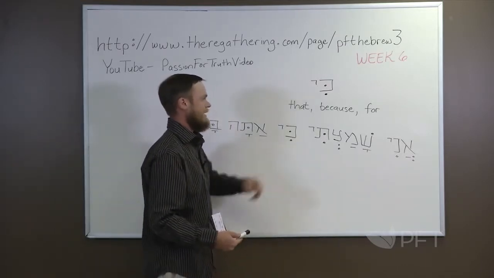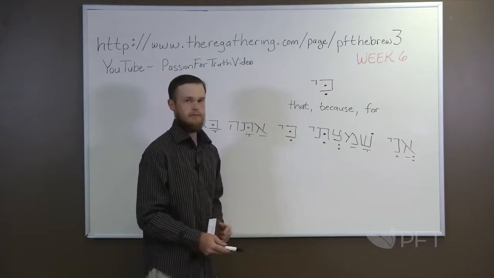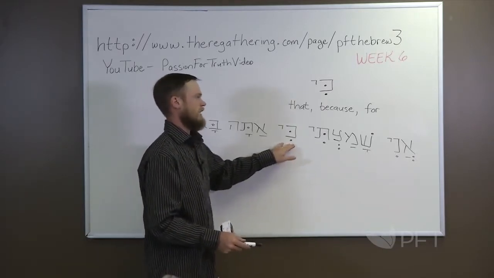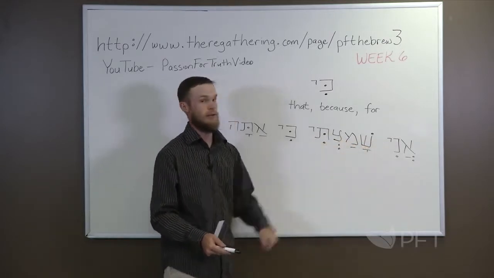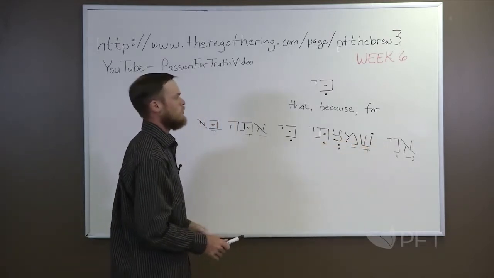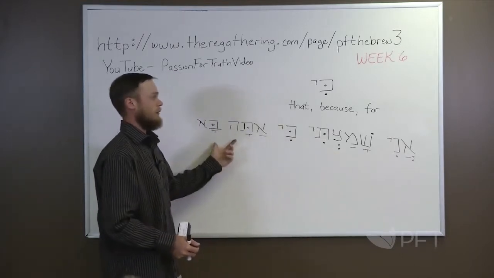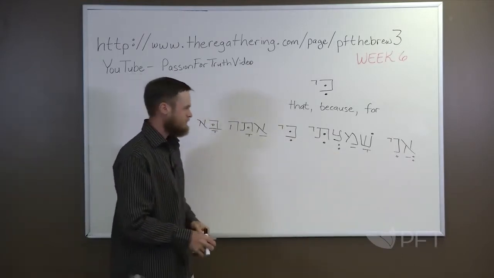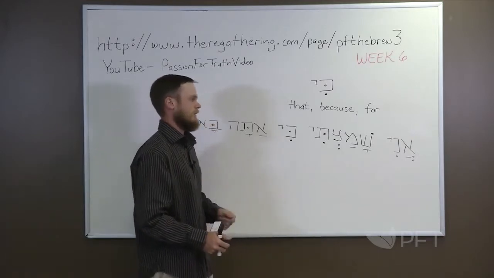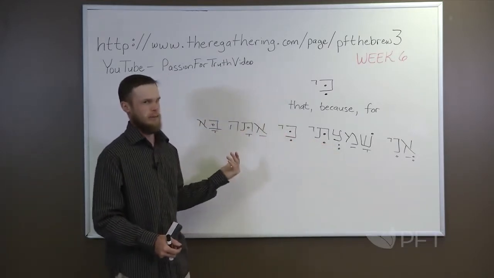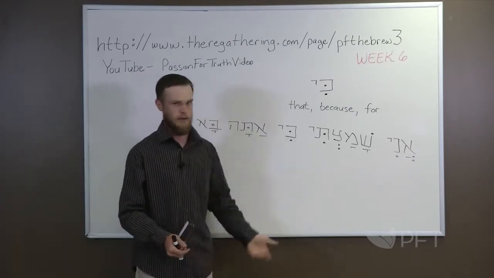All right, so this that is different from asher. Okay, this isn't introducing a condition onto me or onto hearing, but it's indicating sort of a loose causal relationship between me hearing and you coming. All right, now it's not an exact causal relationship because I didn't necessarily hear because you were coming, okay, but I heard that you were coming.